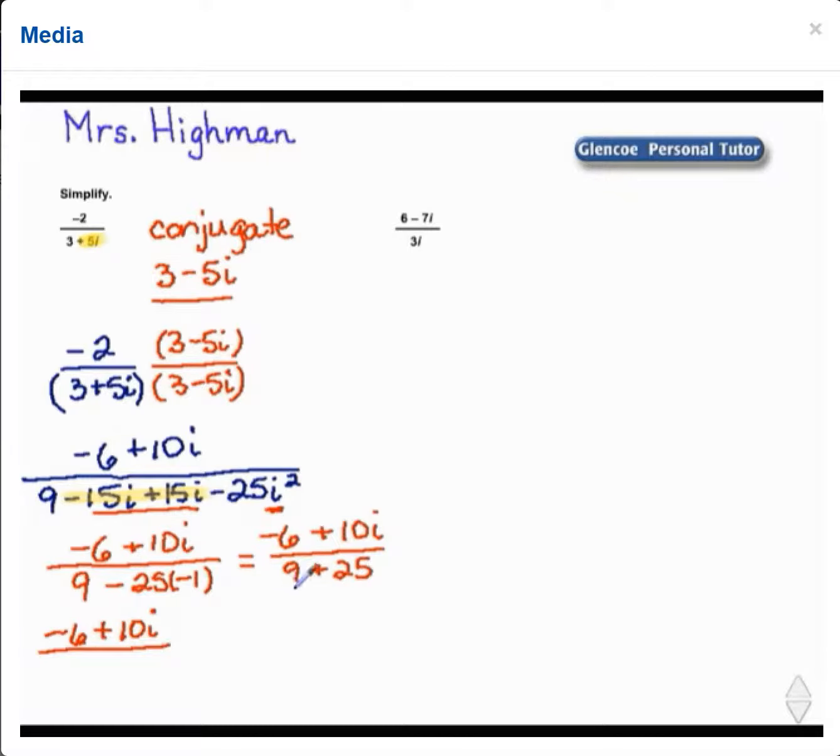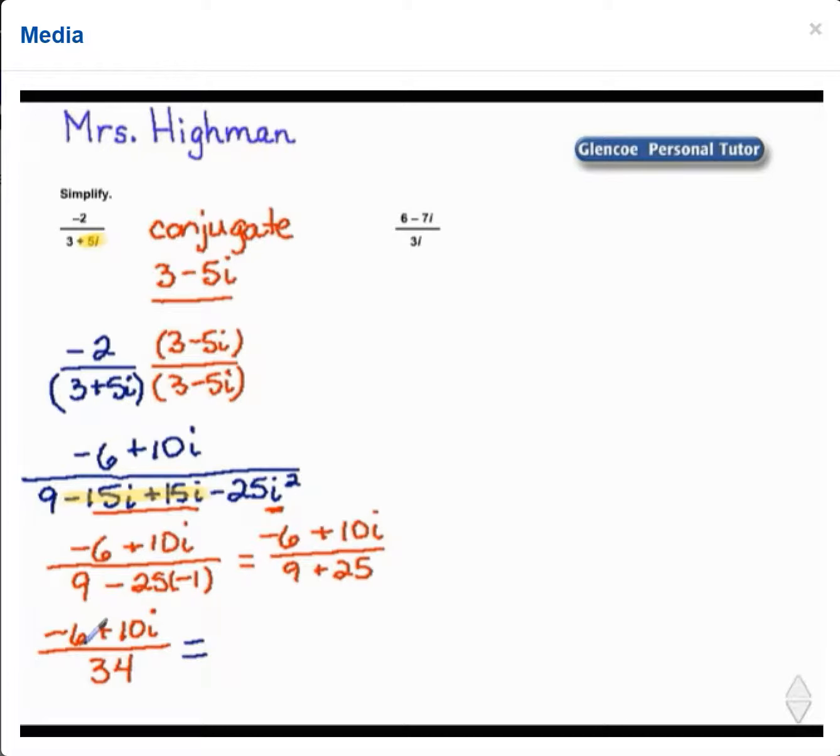The denominator, 9 plus 25, is 34. And now we can simplify this fraction. We can just think of it as one big fraction that we can divide out the common factor of 2. So we're going to divide each term by 2. So we'll simplify this one last step.